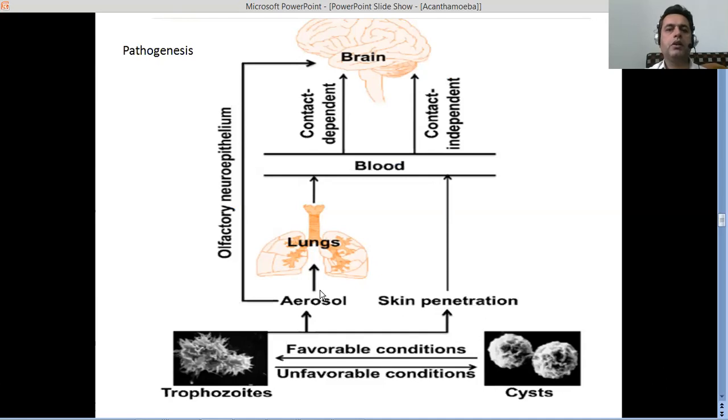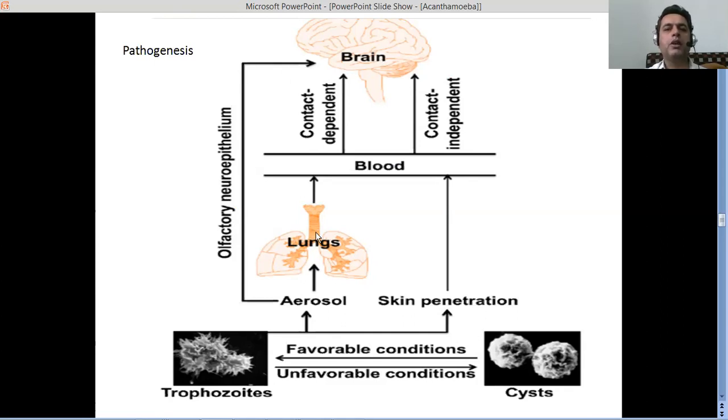If through aerosols, the aerosols can get into the lungs, or into your nose, and the olfactory neuroepithelium can also be infected with this particular parasite, thus leading to inflammation of the brain.